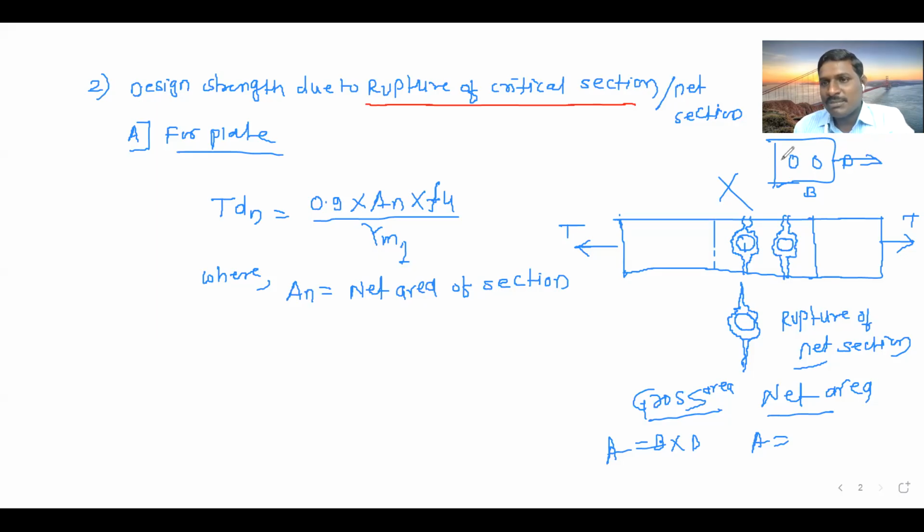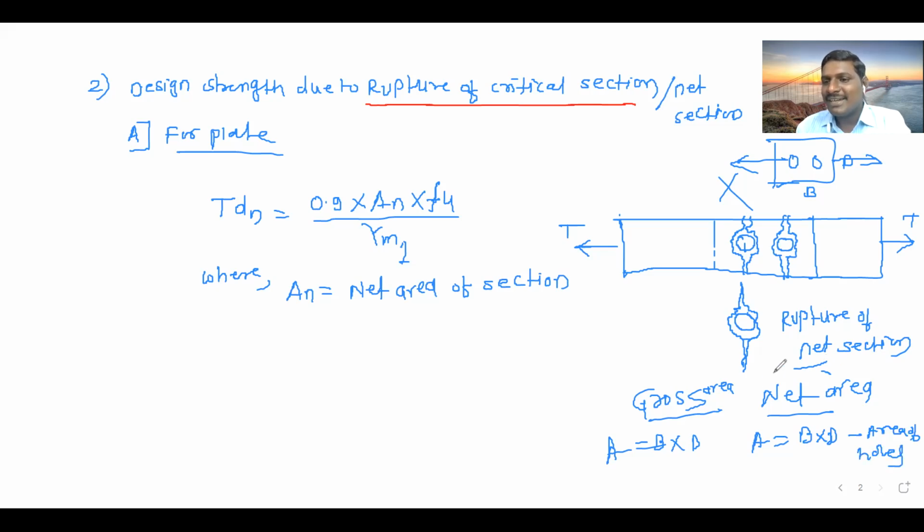When this plate takes the tensile force, due to this reduction of area, its strength will become weak, right? It will reduce, right? Yes, sir. Obviously. So this is your B into D minus the area of holes.